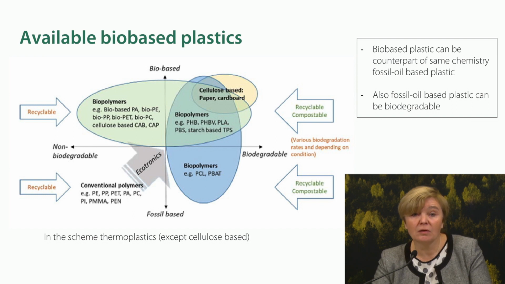For example, PET, which is used in the bottles. So this counterpart bio-based PET is fully sold to the bottle producers, because big companies like Coca-Cola want to be sustainable, and then they buy the full production available in the market at the moment.